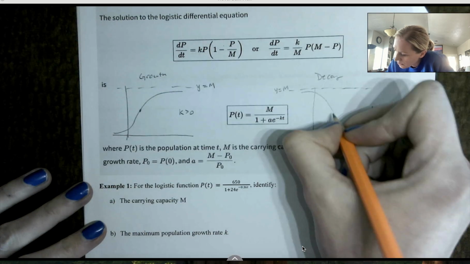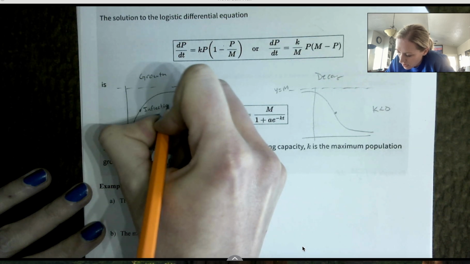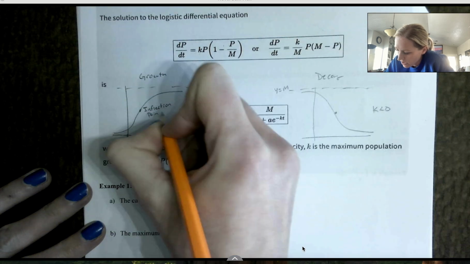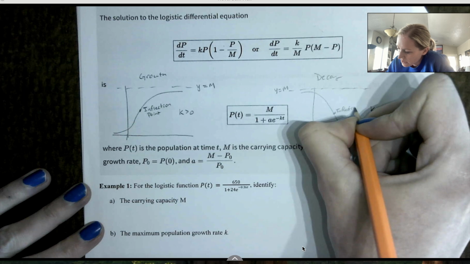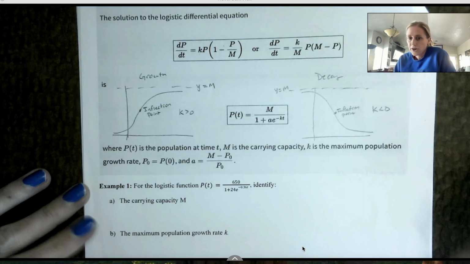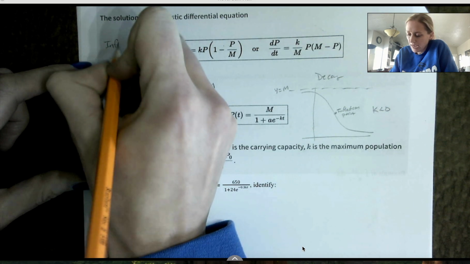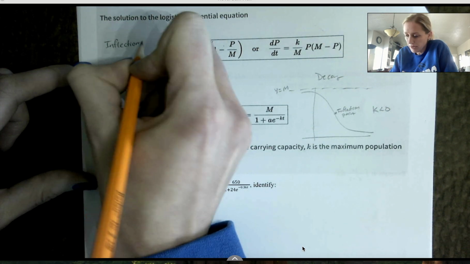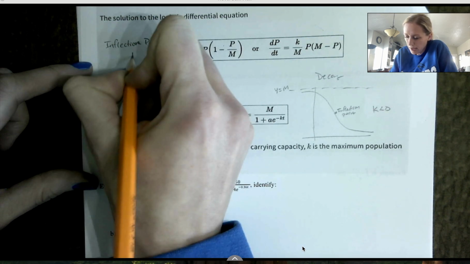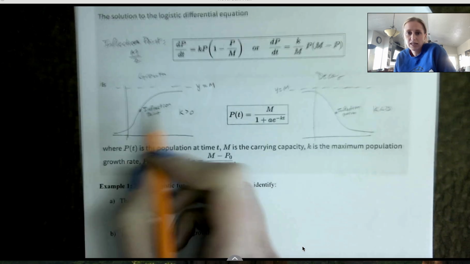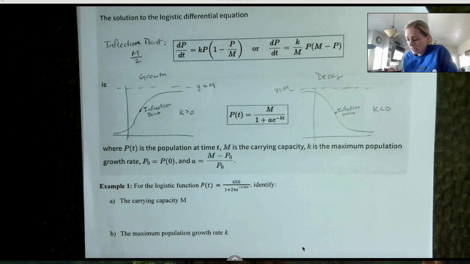Again, the proof is in your book, but an inflection point occurs in this model at exactly half of the carrying capacity, which is kind of interesting. The inflection point is always at M over 2. So you can see there's only that one inflection point in either situation, okay? We're going to use that later on.